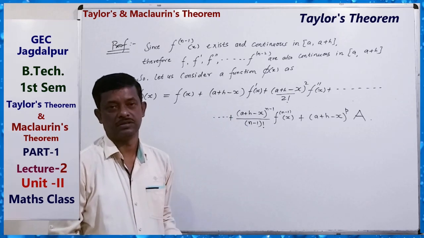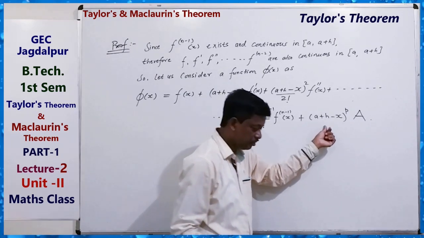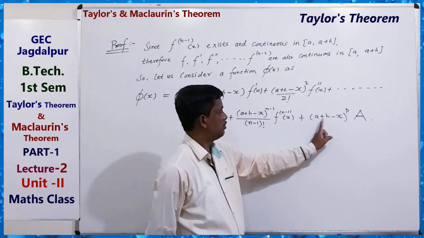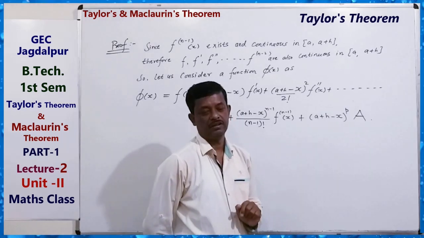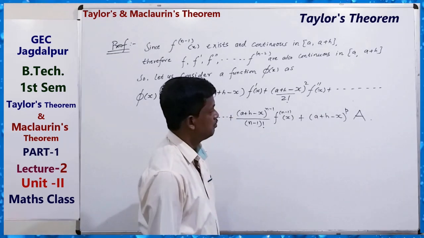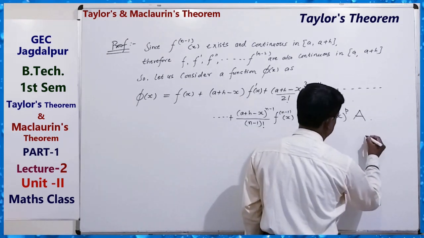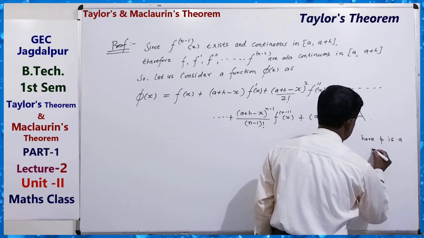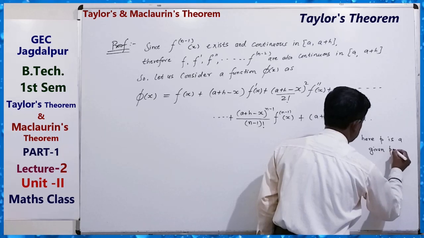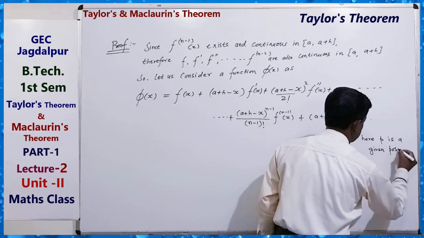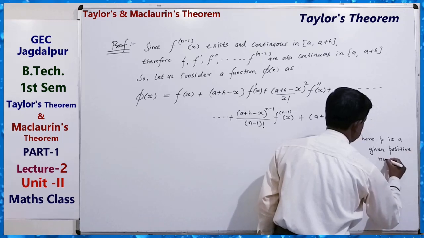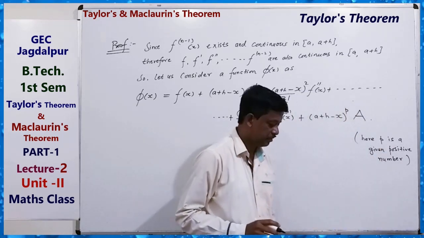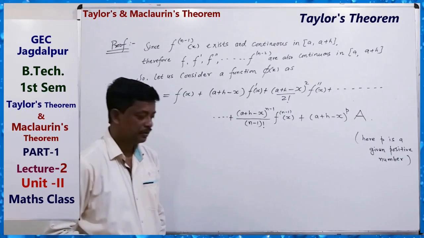This is also continuous, and after this term write (a plus h minus x) to the power p times A. Here p is a given positive number. Clear?